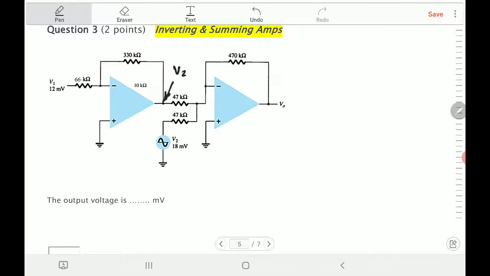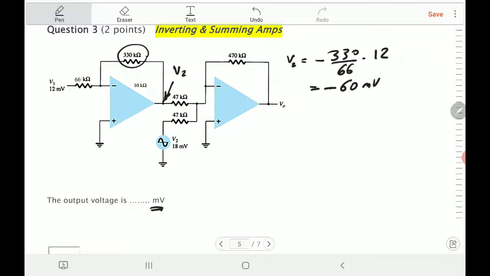V2, since it's an inverting amplifier, will be minus this resistance 330 divided by the resistance connected to the input, which is 66, times the input voltage, which is 12 millivolts. Just keep it in millivolts, don't convert it, because the answer in the question is in millivolts. So the answer you get is minus 60 millivolts. That's V2.